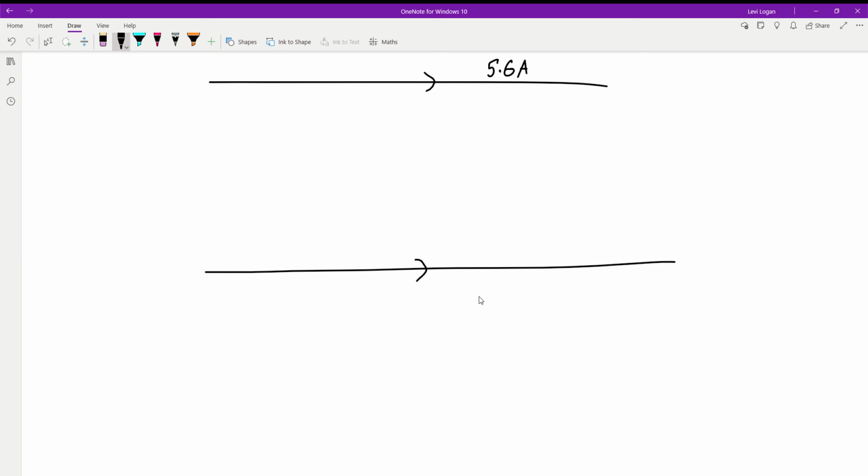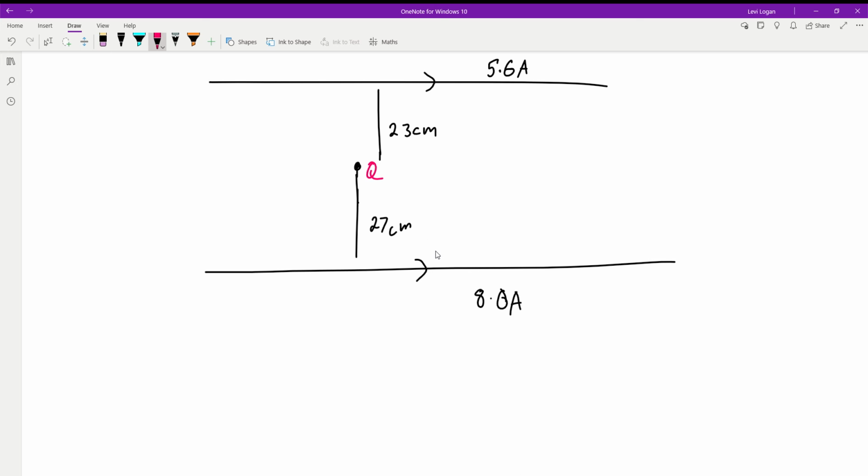And this one has a strength of, let's say, 8 amps. Okay, but let's say this distance here is 27 centimeters. And let's say this distance here is 23 centimeters. Okay. We want to work out the net magnetic field strength at this point, let's say Q.